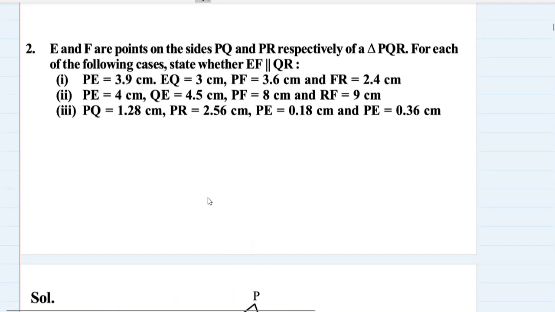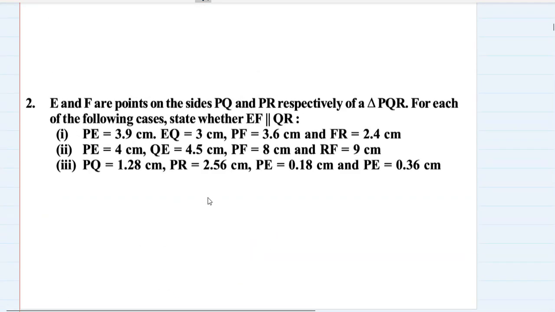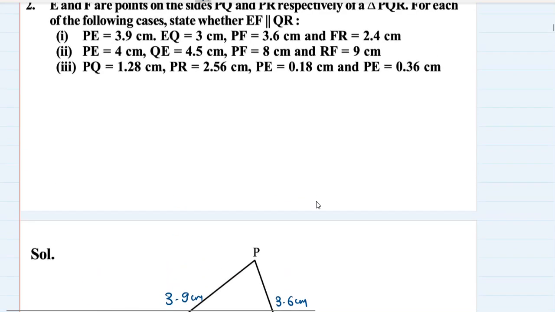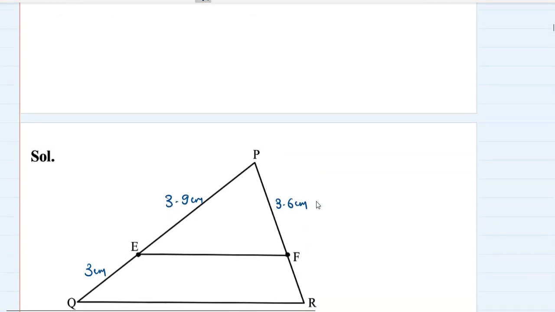PE is 3.9, EQ is 3 centimeter, PF is 3.6 centimeter, and FR is 2.4 centimeter. So let's find out whether EF is parallel to QR or not.